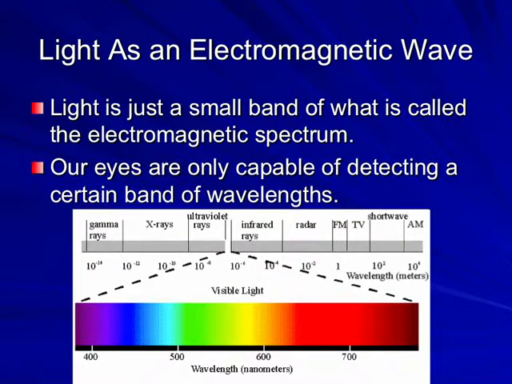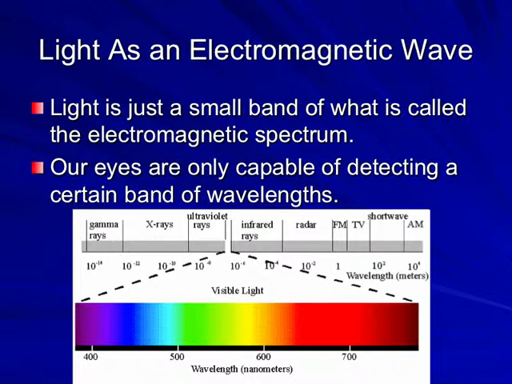And when I say a small band, this would be the electromagnetic spectrum. Notice this is all categorized by wavelength. Notice over here at gamma rays, we're at 10 to the negative 14th. And then we move up through AM, which is 10 to the 6th. So we're looking at a breadth of 10 to the 20th in diversity there. That's a huge amount of diversity.